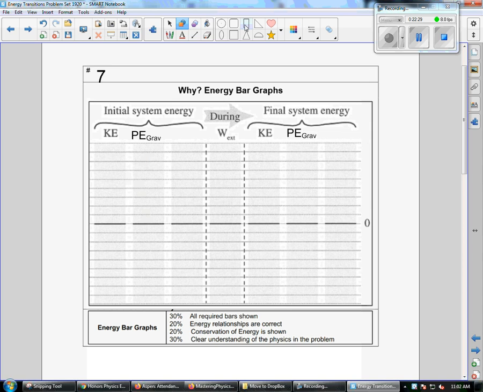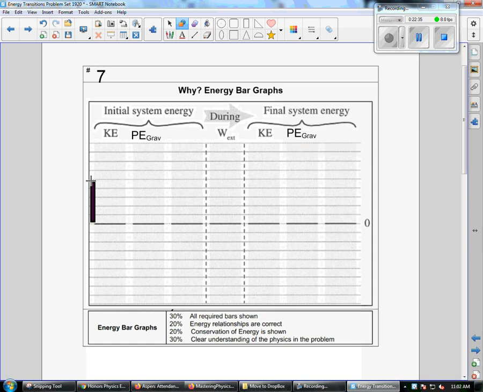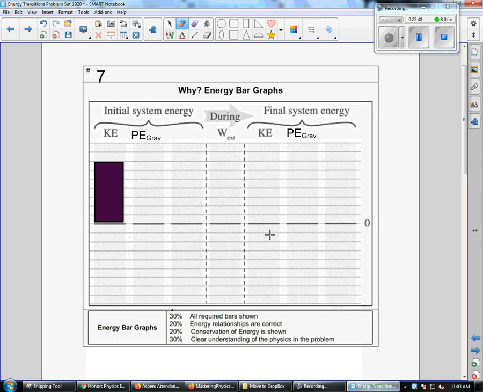Some KE here. So I'm going to say it's got a bunch of kinetic energy. I don't think there's any air resistance or anything. Air resistance is negligible, so that means no external work.